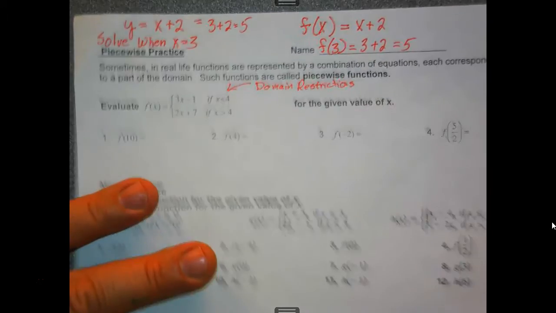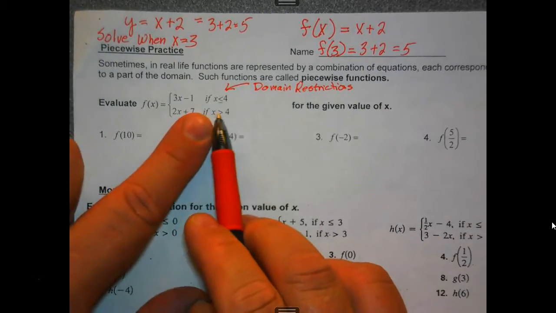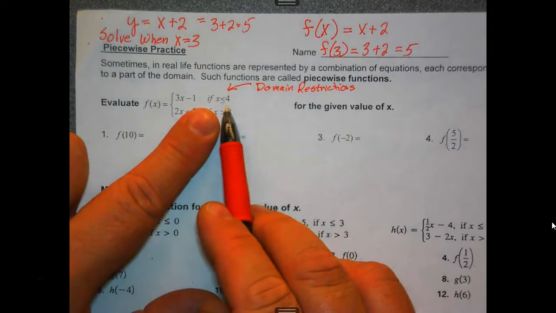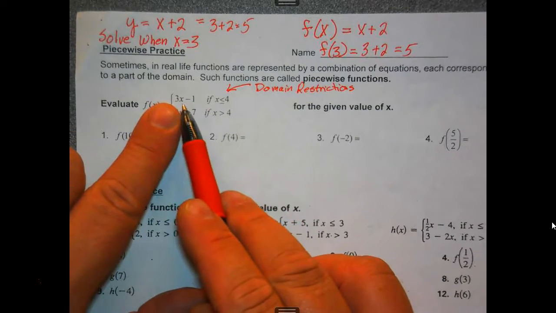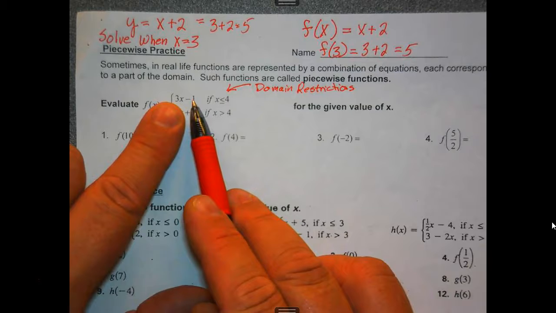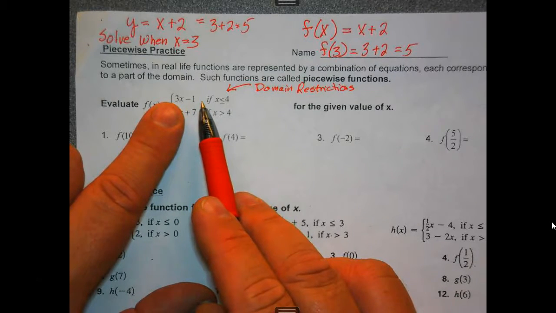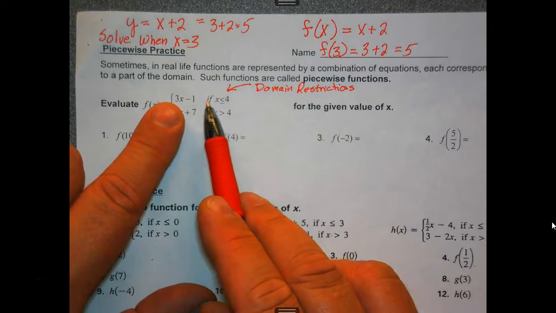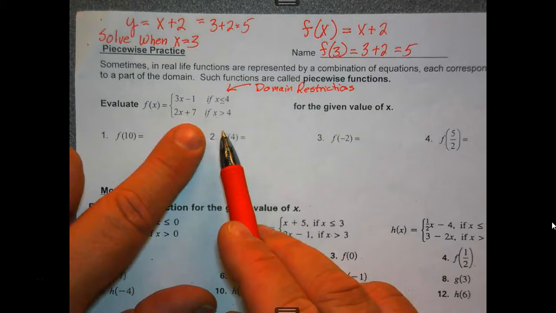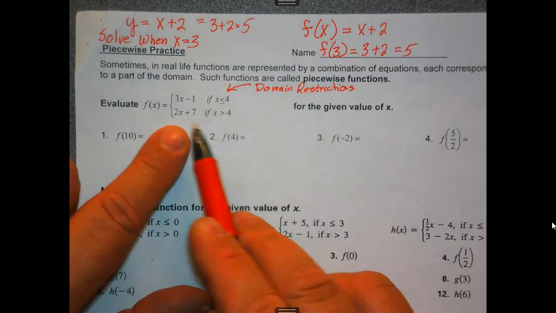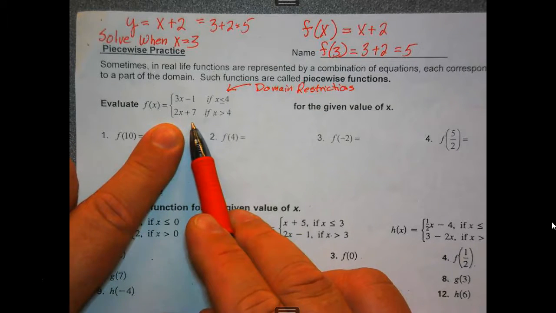For example, for any numbers that are less than or equal to 4, we use 3x minus 1. For any numbers greater than 4, we're going to use 2x plus 7.